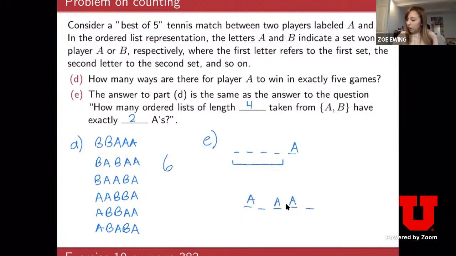So we have to start by saying that A is in the last slot. We know that it has to be in the 5th position or else the game would end sooner. So it's almost like this last one isn't even there. We're not even really considering it because we know what it has to be. So we end up with just 4 blanks and we know that 2 A's have to be in there. Does that make more sense? I see. Okay.